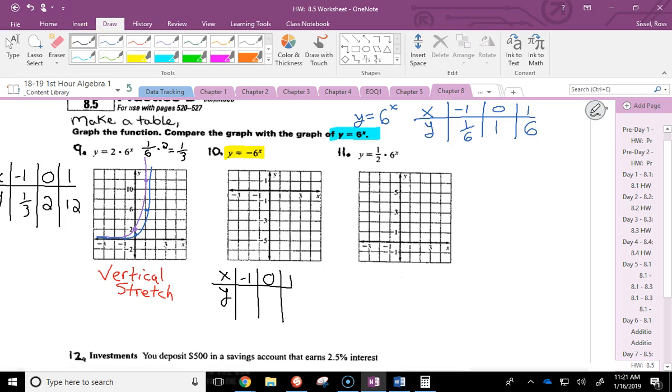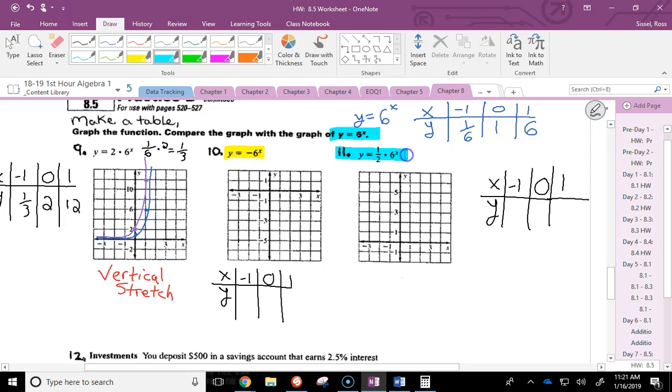Come over here, same thing, x, y, negative 1, 0, and 1. Put in this function to get my answer over here. Okay, I feel like you should be able to do the rest. Let me know if you have questions.